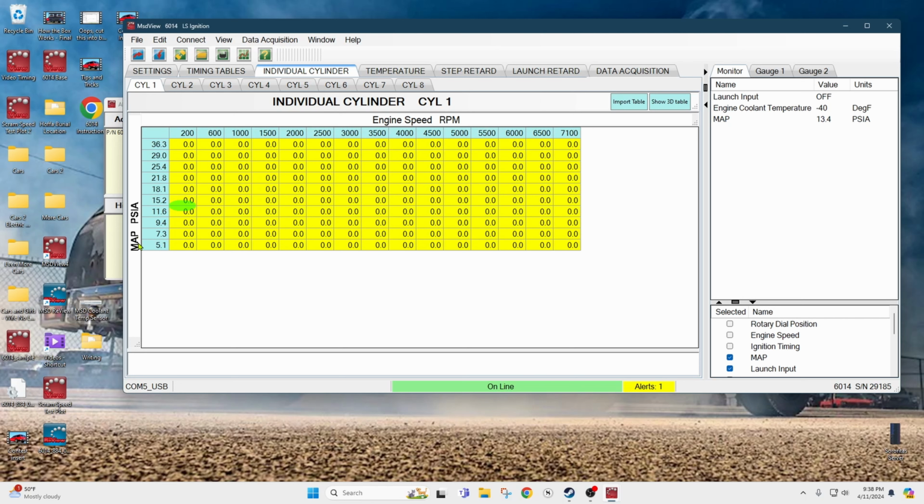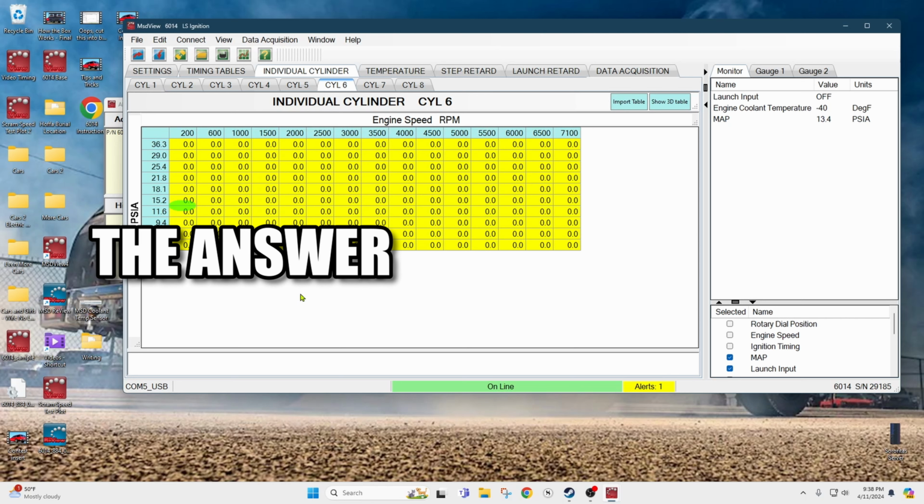Something too I had a guy ask me about, well, the axis on all these tables are all the same, and they all have MAP over here. It's like, well, Steve, what if I'm not using the MAP sensor, or what if I'm not using the MAP sensor for what it's intended for? I don't want my timing adjustments being based on whatever the MAP sensor isn't really reading. And the answer to that is simple.